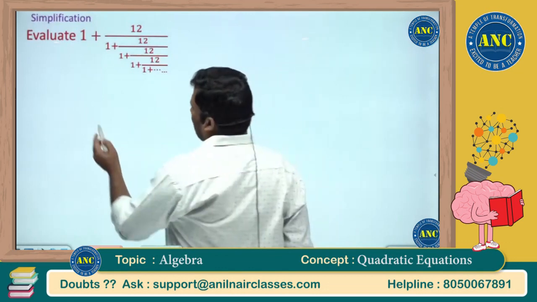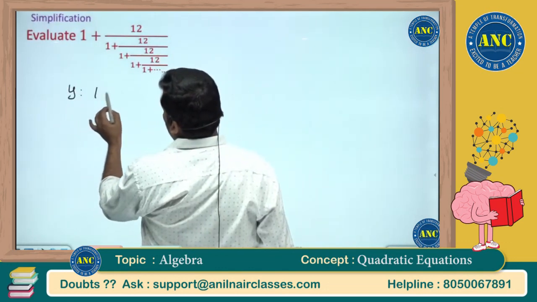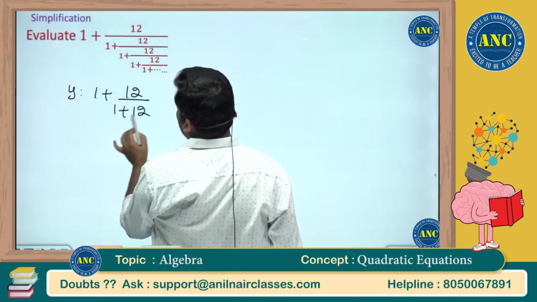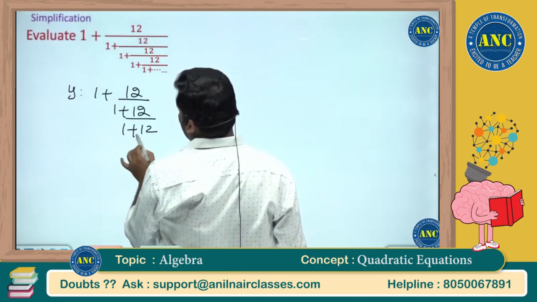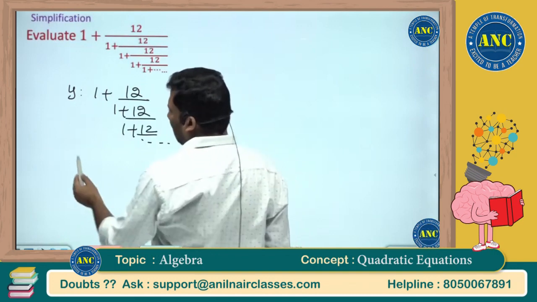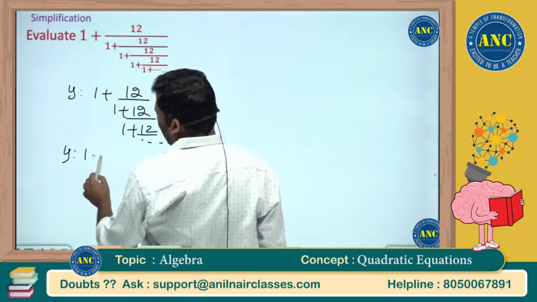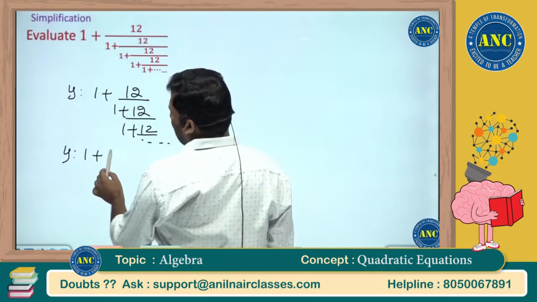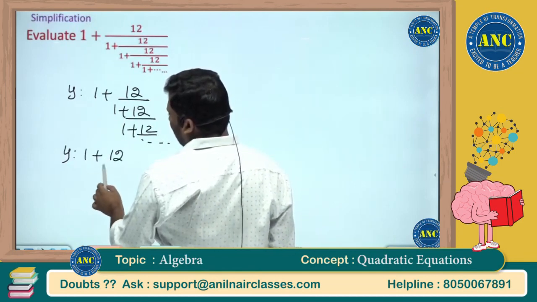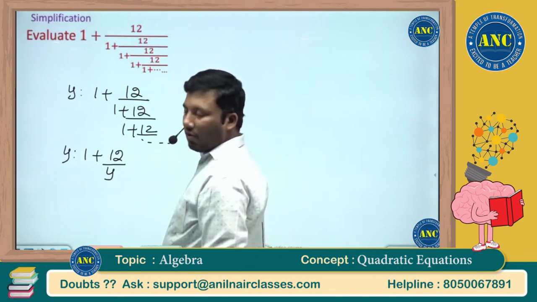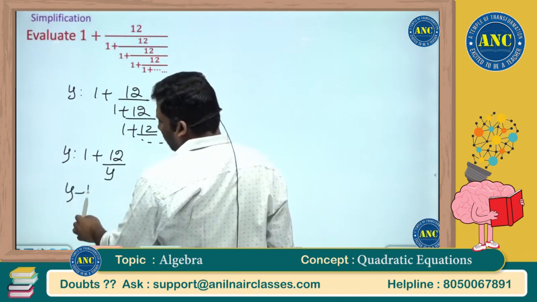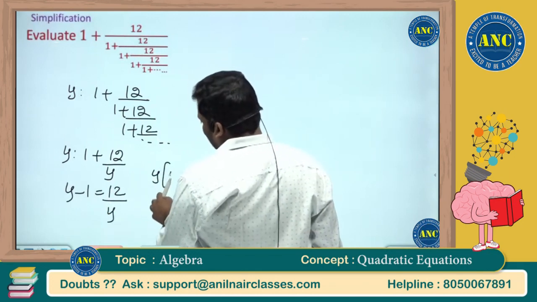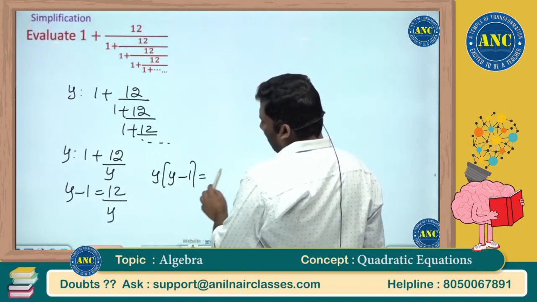So y is 1 plus 12 by 1 plus 12 by 1 plus 12 by, and so on. So this is nothing but 12 by y. Are you all with me? So y minus 1 is 12 by y. Y into y minus 1 is 12.